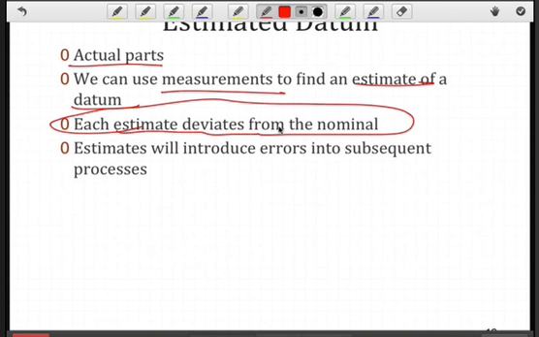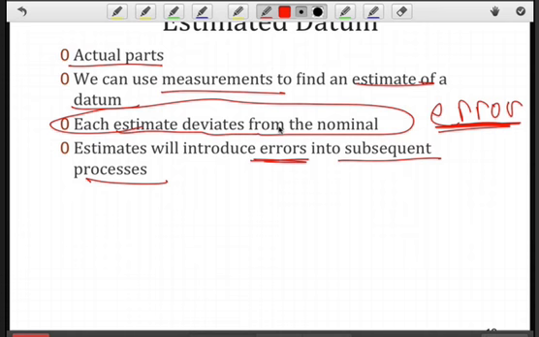So it's imperfect, right? In other words, there is the potential for error here. And keep that in the back of your mind. What contributes to errors in manufacturing? This is going to be one of them. So we'll introduce errors into subsequent processes because we have estimated this datum. It's imperfect.